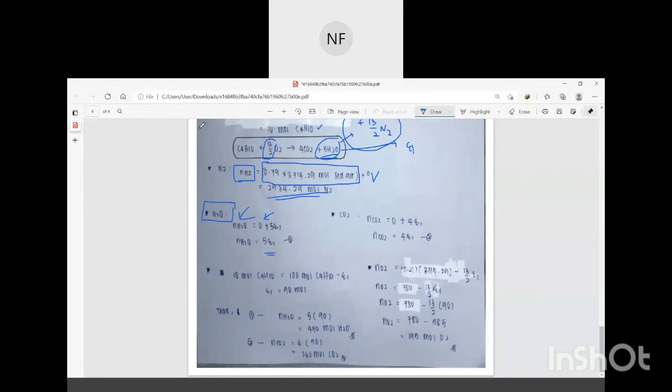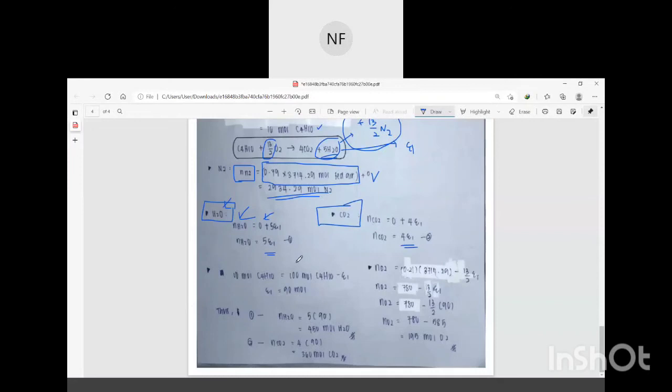Then, to find the number of moles of CO2, we use the same method as for H2O, which is that the number of moles of carbon dioxide equals 4 times the extent of reaction. From the calculation above, to find both numbers of moles, we must know the extent of reaction.